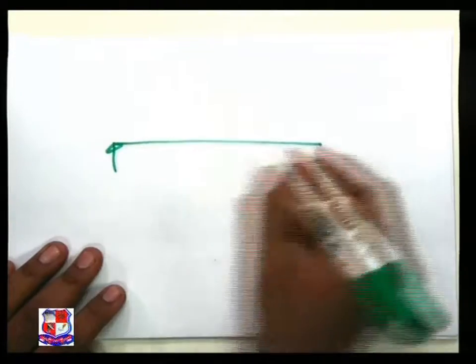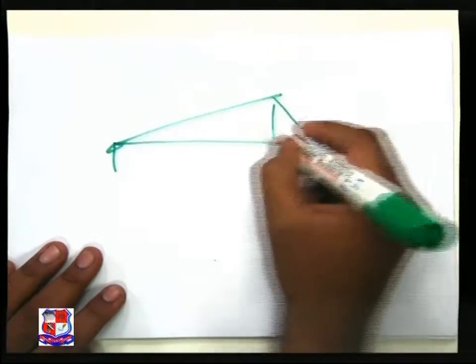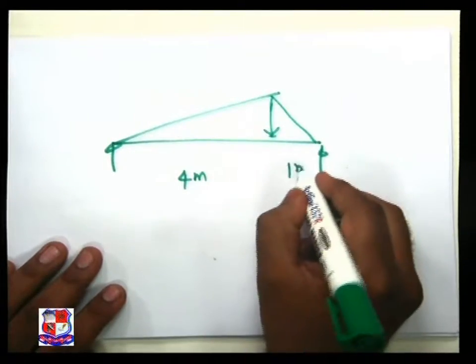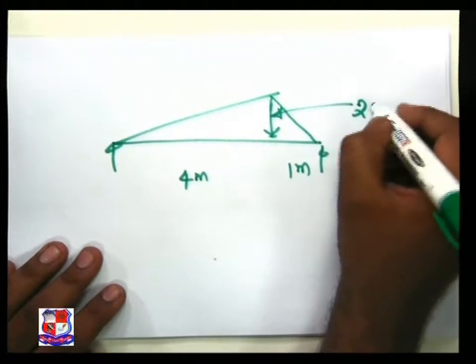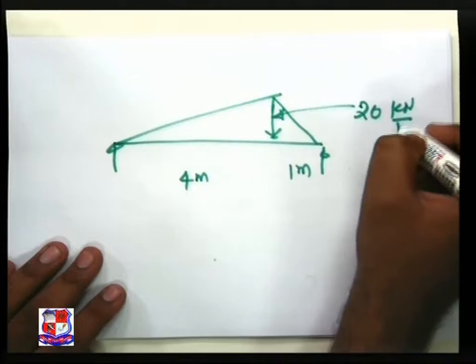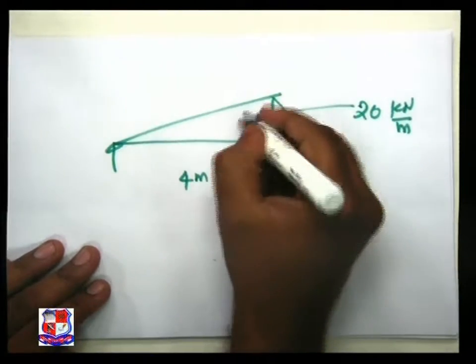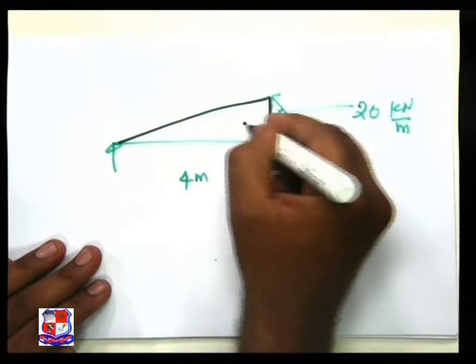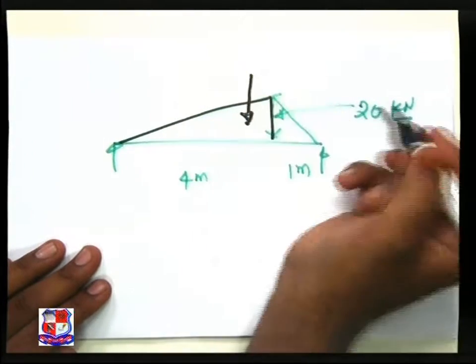The figure is over here. Four meter, 1 meter, and this ordinate is 20 kilonewton per meter. This is the CG of this triangle, the centroid or center of gravity, which is acting over here.